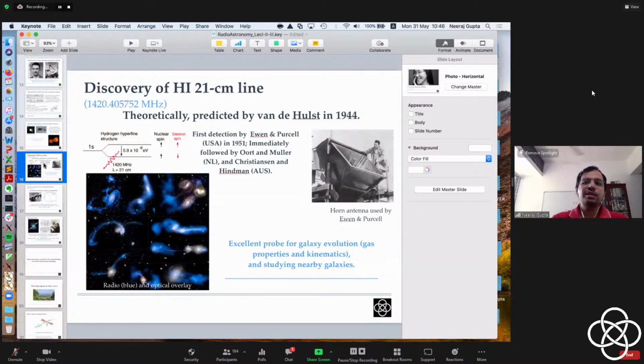So you must have heard about the epoch of reionization experiments that are going on across the world, and we will talk a little bit more about that when we talk about the Square Kilometre Array. That's one of the key science projects that the Square Kilometre Array would do, which will be coming online in the next decade.